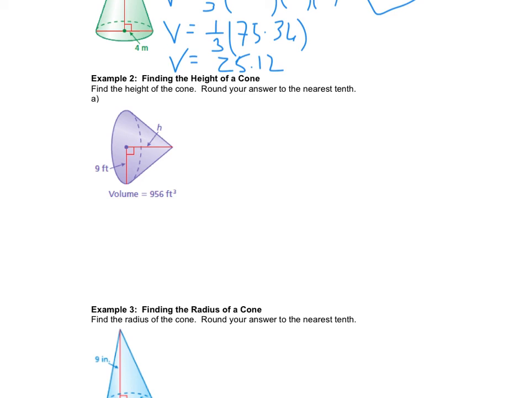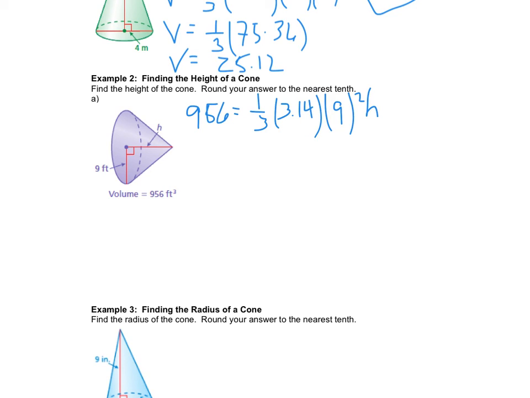So because of that, I can plug in what I have. I have the volume, it's 956. We're going to do 3.14. I have the radius, and I don't have the height this time. So always plug the formula in to show what you have to then solve backwards to see what we need.